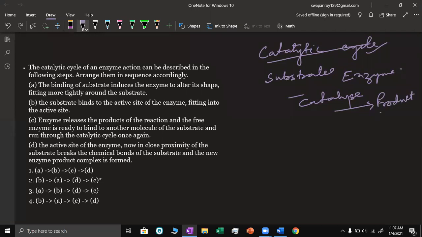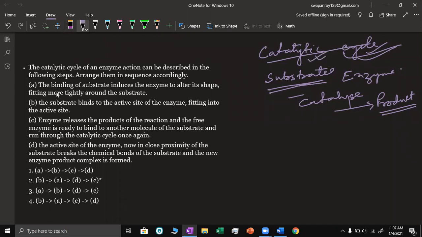So in this process, from substrate to product, there are events which take place, and this is known as the catalytic cycle.